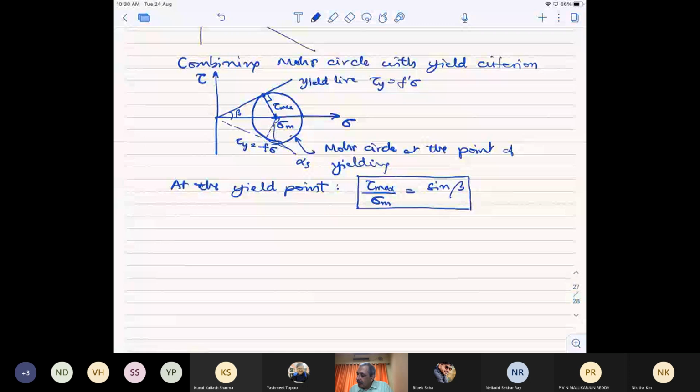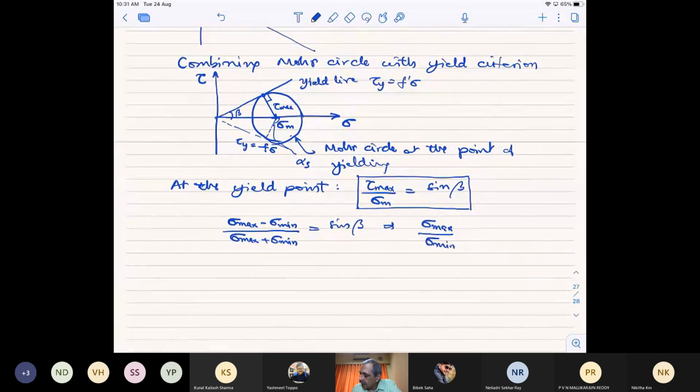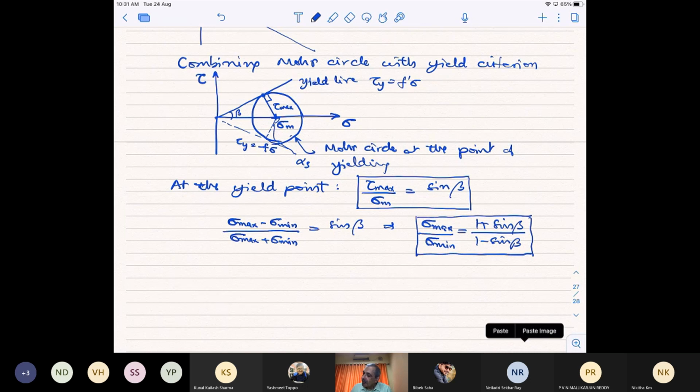So from here we'll see that sigma max minus sigma min divided by sigma max plus sigma min is equal to sine beta, which you can also write as just the ratio of the two. So this is another way of writing the same thing. So at the point of yield, your ratio of sigma max to sigma min should be given by this.